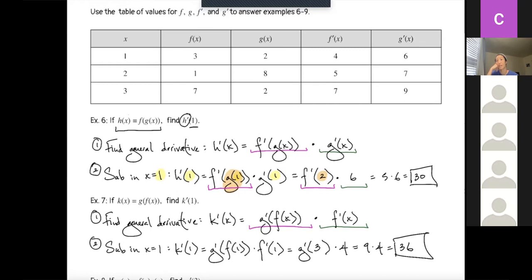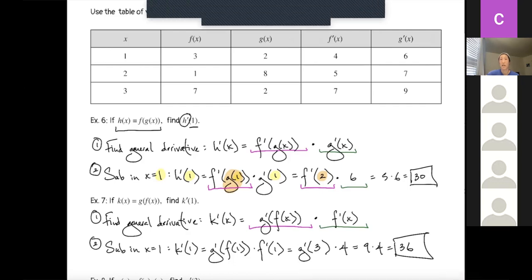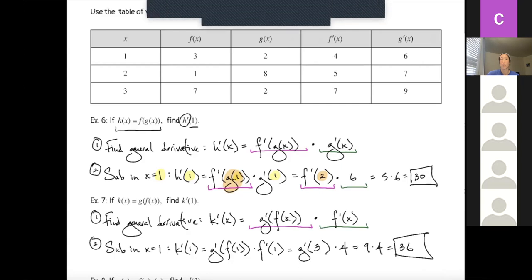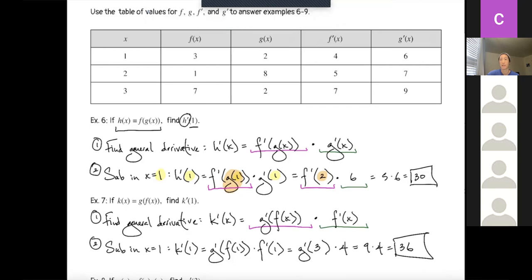But I think the reality is when we're modeling, we actually have to consider a bunch of different functions, function types. And so when we start to mix and match function types, then we're really looking at needing the chain rule to help you find a specific thing.